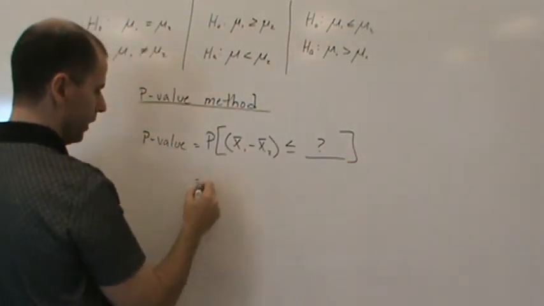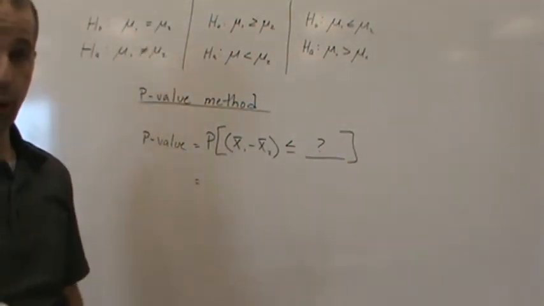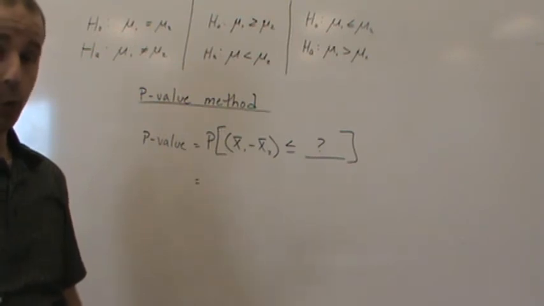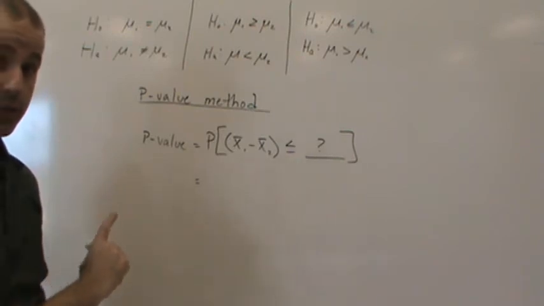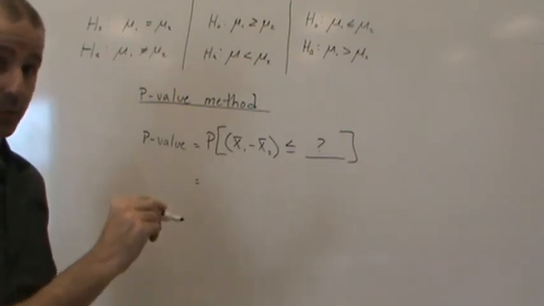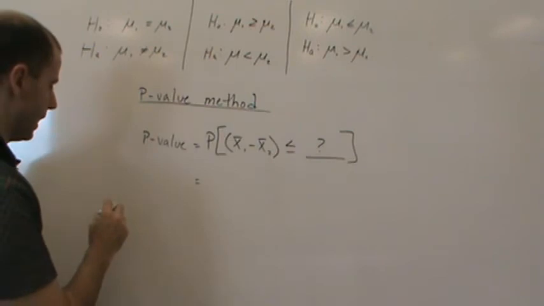Now, when you do this, you have to know what you're putting in the calculator for the mean and the standard deviation of the distribution. Which distribution? The sampling distribution. So don't forget about the sampling distribution.